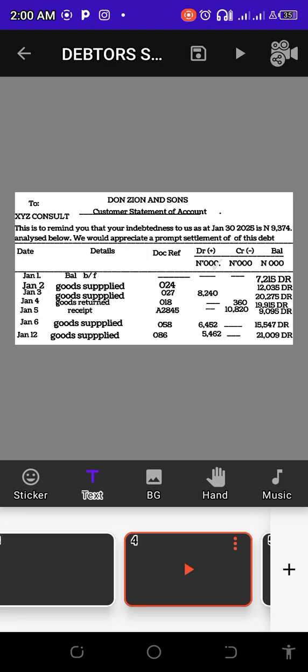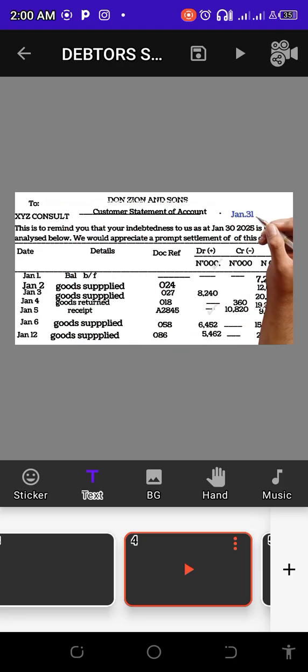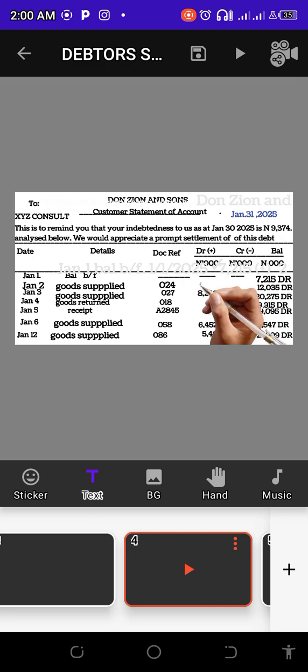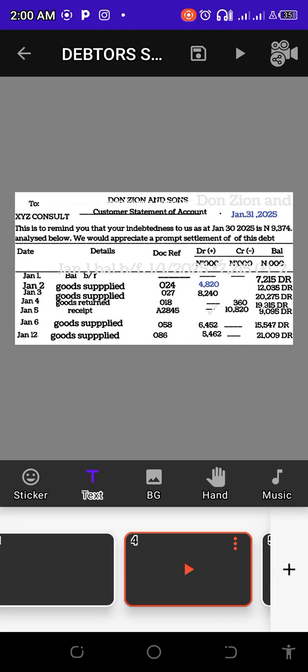Now we want to make one important point clear here. Now this document, which is the statement of accounts of Don Zion that is issued to XYZ and Co., is an official document. So being an official document, the dates and the address are crucial. Now, the address of Don Zion and Son must be written in full.